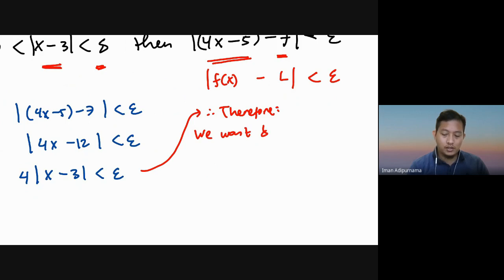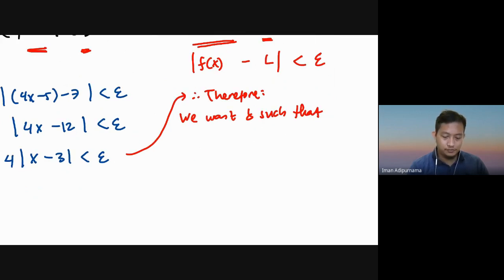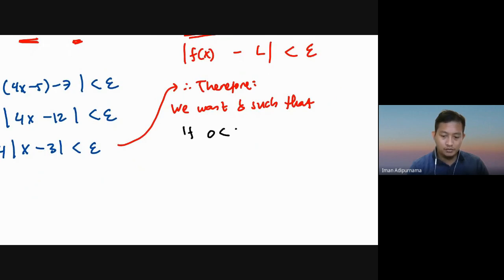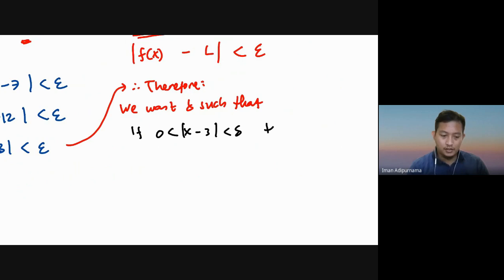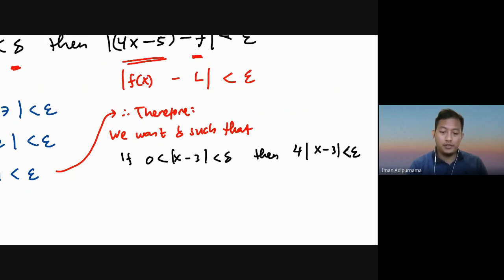Therefore, we want delta such that if 0, then... Now because it was such an easy limit, we know that from here we can make some conclusion, right? We can make some relations. X minus 3 is already a common element there, right?